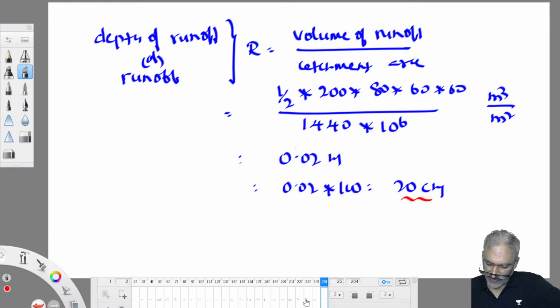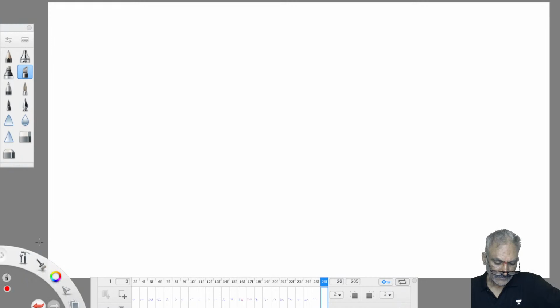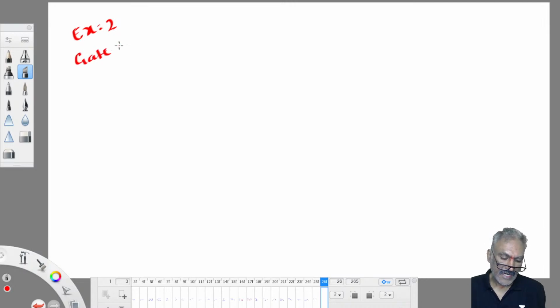Try one more question before we wind up. This is a GATE question, GATE 99. So what is given?